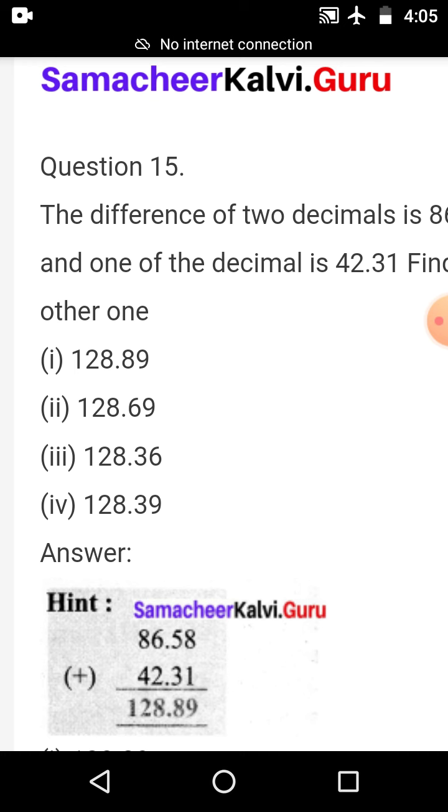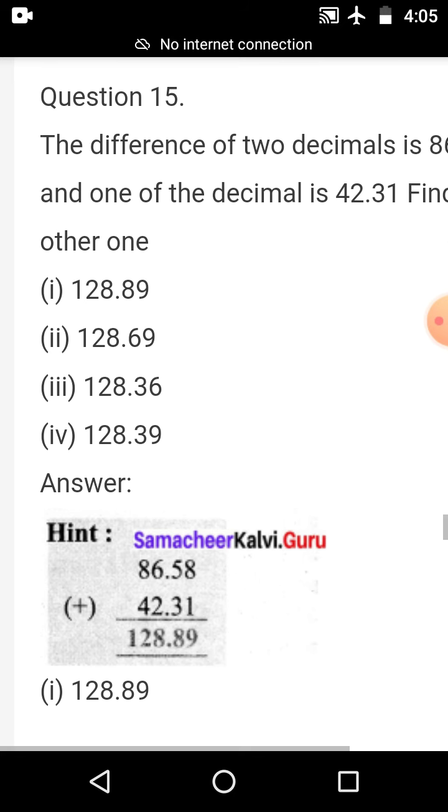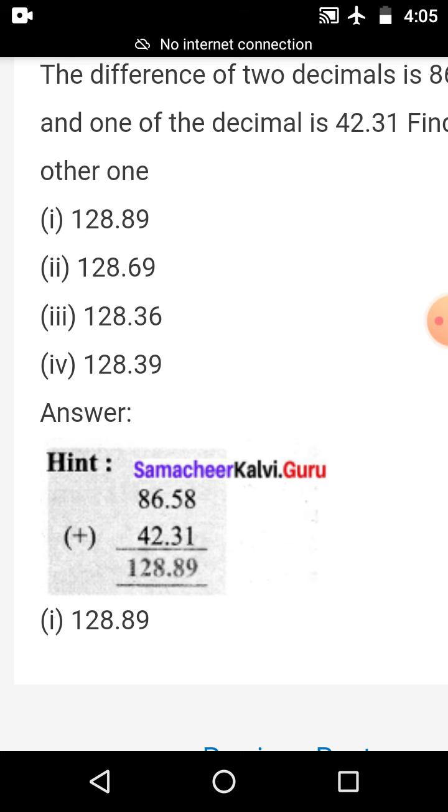Find the other one. So you have to add it. Okay ma. 42.31 plus 86.58. So the answer is 128.89.